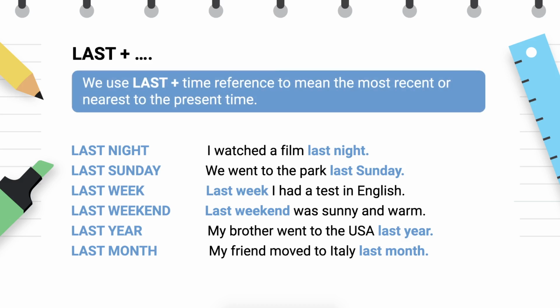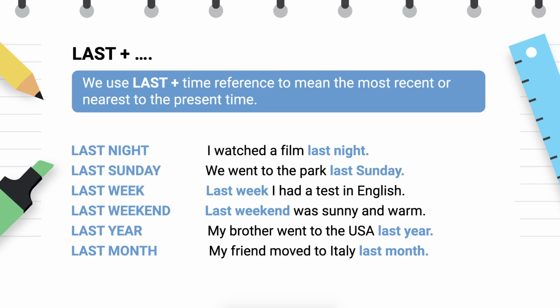Let's begin with last plus time reference. Let's see expressions in the past using the word last. We use last plus time reference to mean the most recent or nearest to the present time. When we say last night, it means if it is day now, it was the very last night that we had, or last Sunday was the Sunday that we had before today, or last week, not this week, but last week, the previous one.